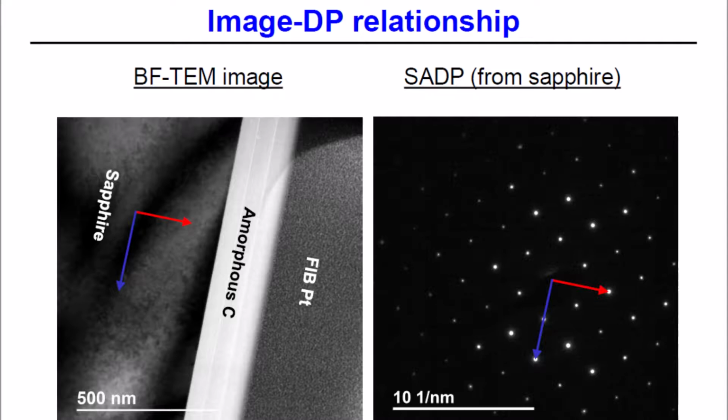So when we calibrate this, there's a rotation between the image and the pattern that I have to adjust so that I can establish the correct parallelism between the image and the pattern. That rotation is what's known as rotation calibration.